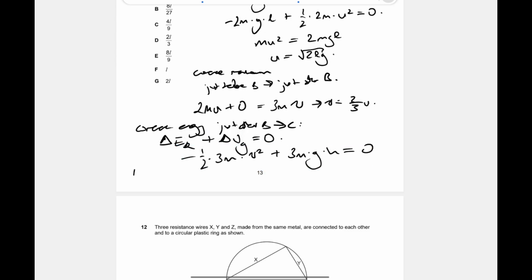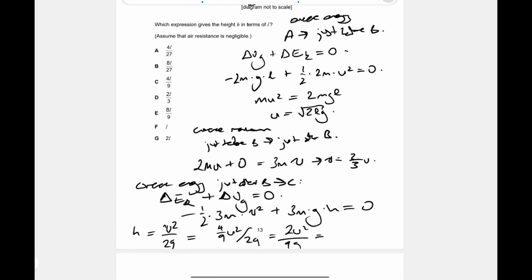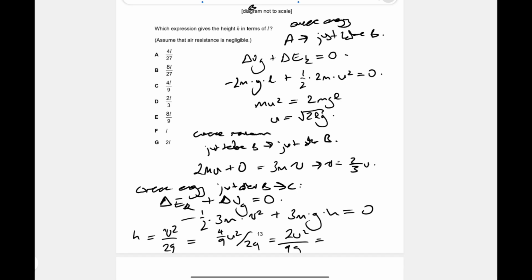So that means h equals v squared over 2g, which is going to be 4/9 u squared, which is going to be 2u squared over 9g, which is going to be 4lg over 9g, which is going to be 4/9 L.